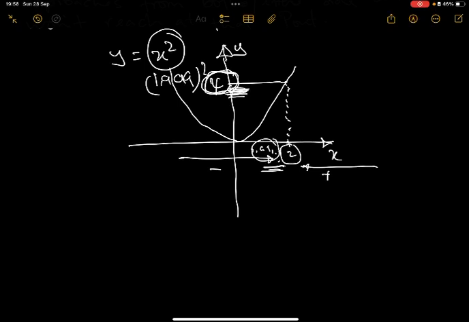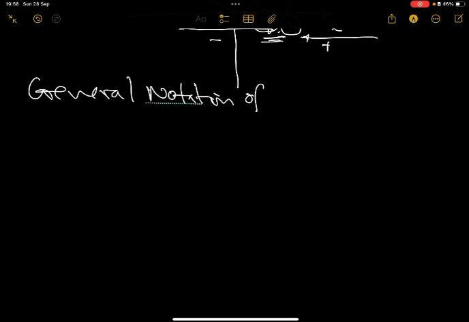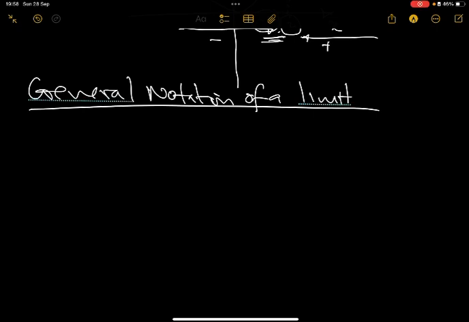So there is a general notation of a limit.